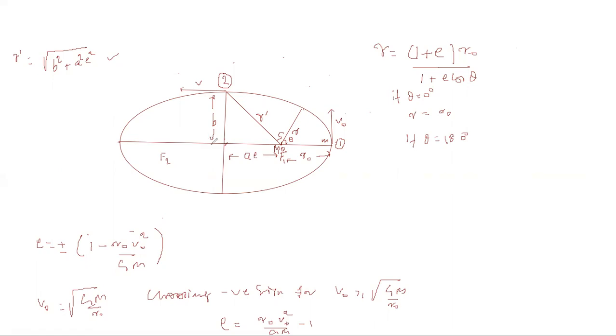Then if you put theta is equal to 180 degree in this equation, cos 180 would be minus 1.